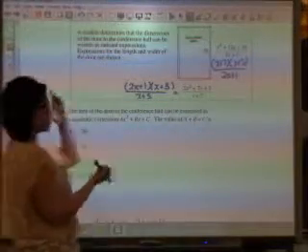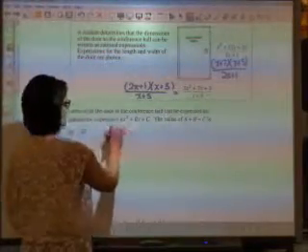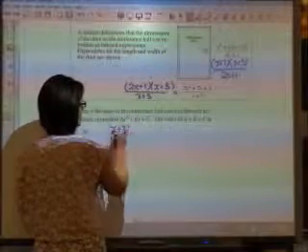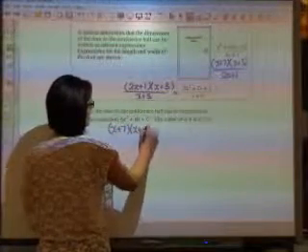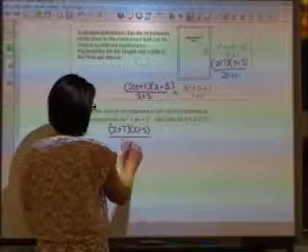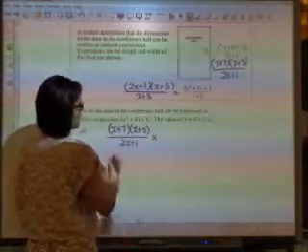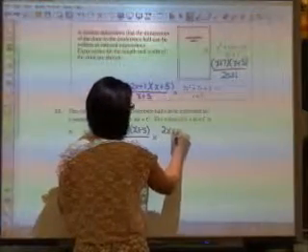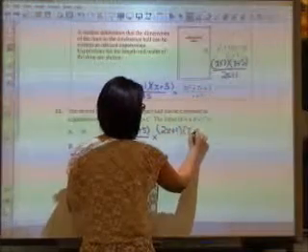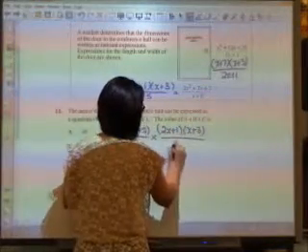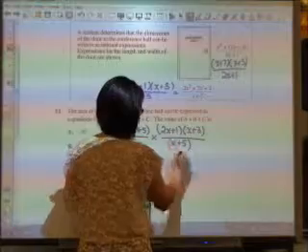So now I can do my length times width. I can multiply them together. So x plus 7 times x plus 5 over 2x plus 1 times 2x plus 1 times x plus 3 over x plus 5.